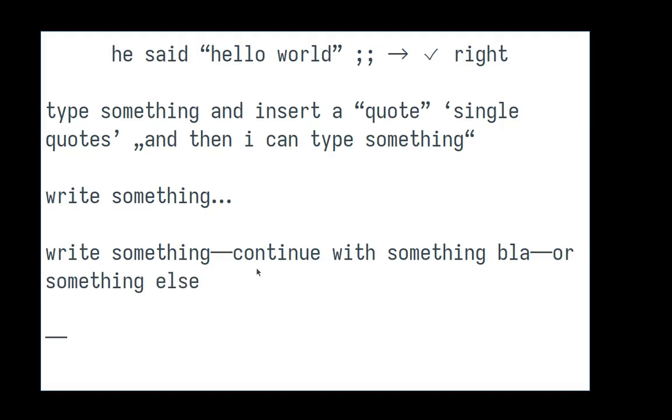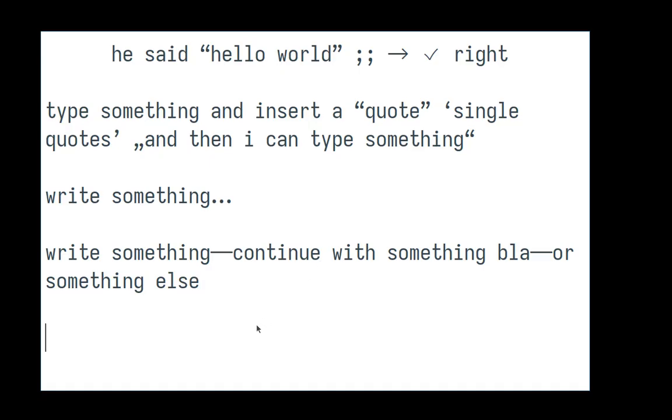And again, AI always does this correctly, and basically no human on the internet ever does this in the right way. So it's a pretty big sign that something is AI generated, or the person writing it knows about typography or cares about typography.